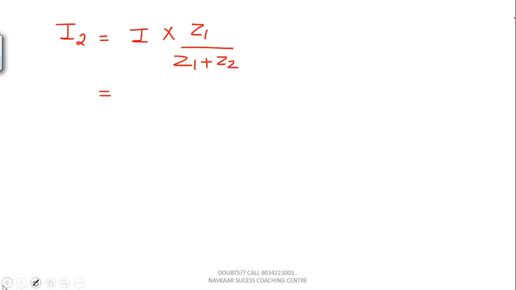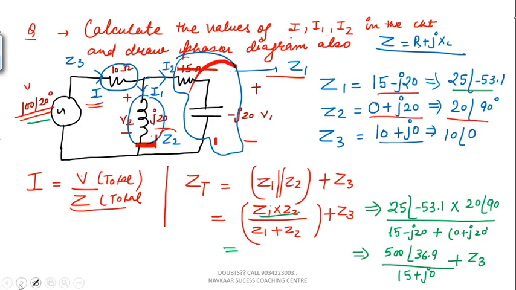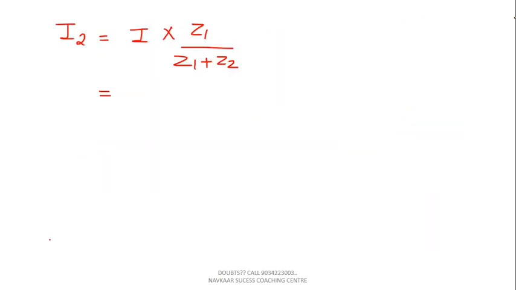Next we need to calculate I2. The I2 formula is again the total current I multiplied by Z1 divided by Z1 plus Z2. How much is the value of Z1? Z1 value is 15 minus J20, that is 25 angle minus 53.1.